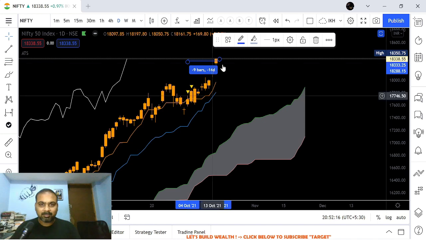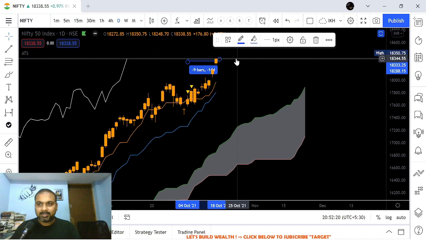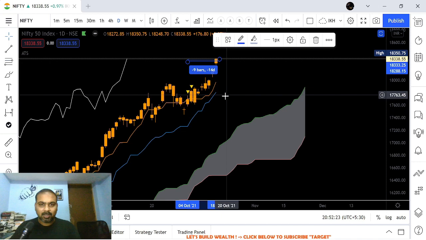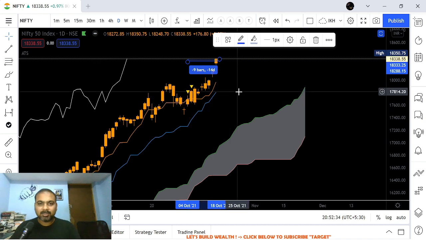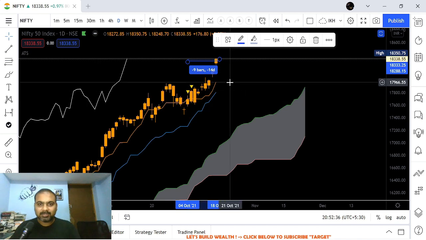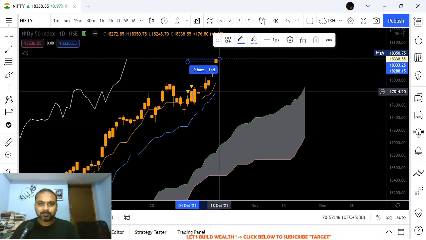The 9-period high is around 18,344, and the low in the 9 periods is 17,628. If you sum up these two numbers and divide by 2, you will get the Tenkan-sen value. So that is here. The Tenkan-sen represents the 9-period high plus the 9-period low divided by 2.